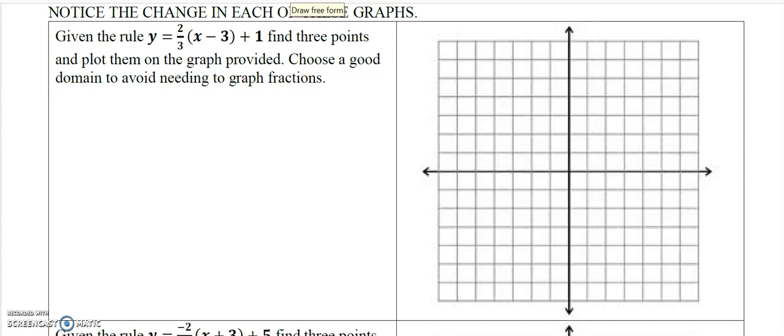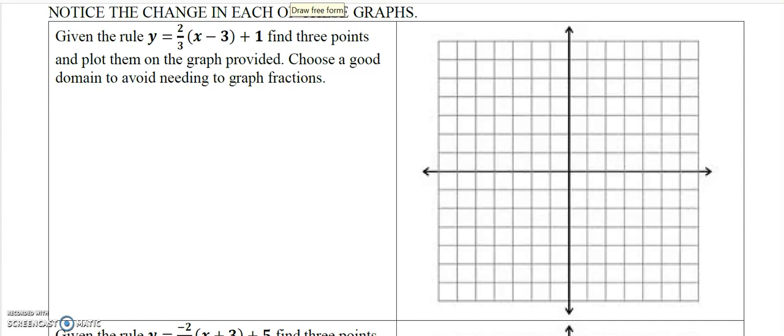First thing that you need to do is identify within this first equation where you're supposed to start. Given the rule y equals 2/3 with the quantity x minus 3 in parentheses plus 1, I'm asking you to find 3 points and put them on the graph.